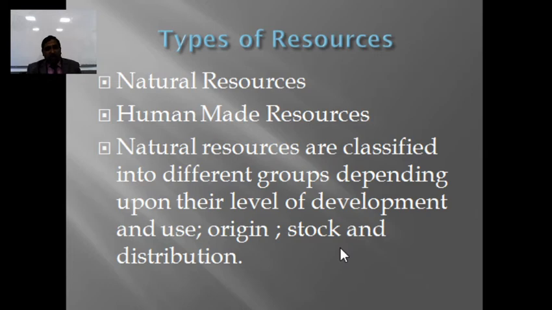So natural resources are classified into different groups depending upon the level of development and use, origin, stock and distribution. So these are different bases on which we can classify these resources further.